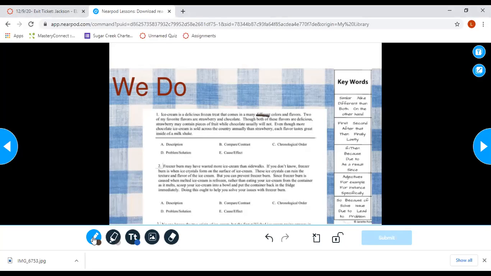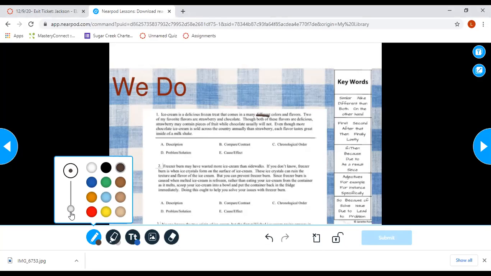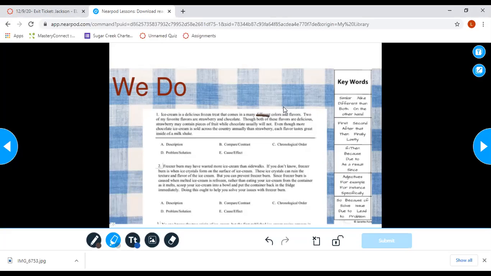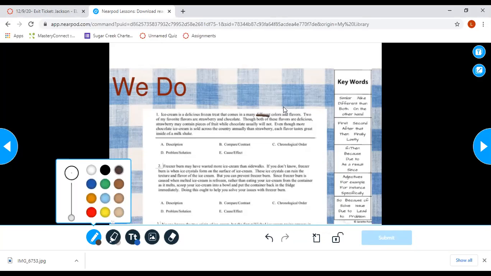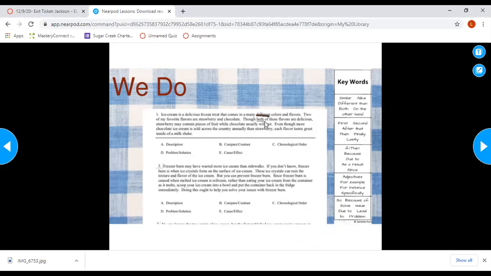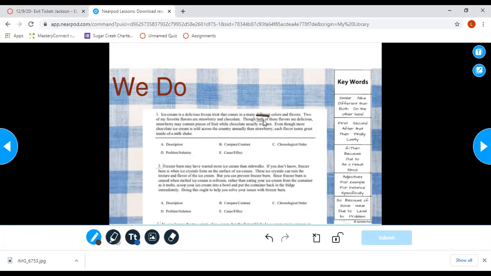I also underlined that ice cream is in many colors and flavors. Okay. Anything else? Sanaya G had both as well. Okay, so Brittany had different, Sanaya G had both.